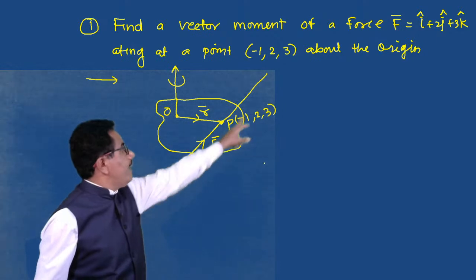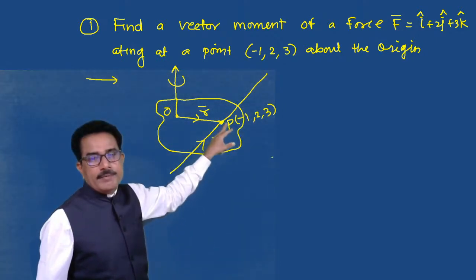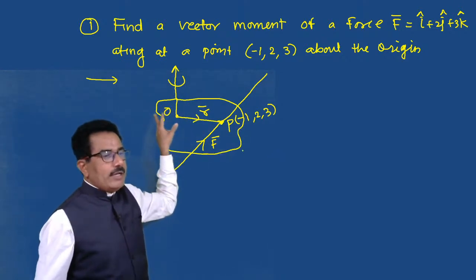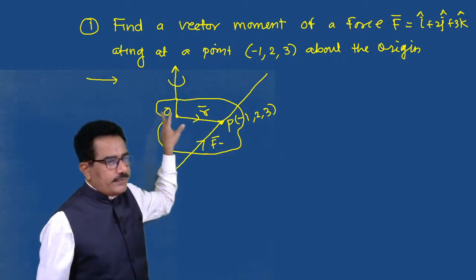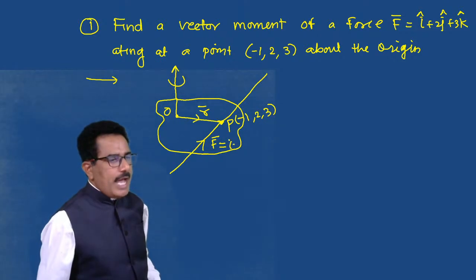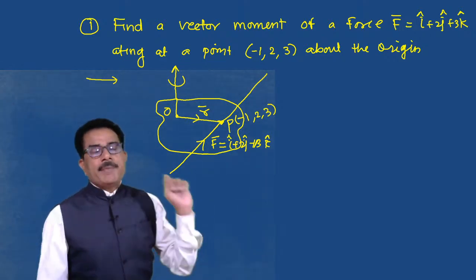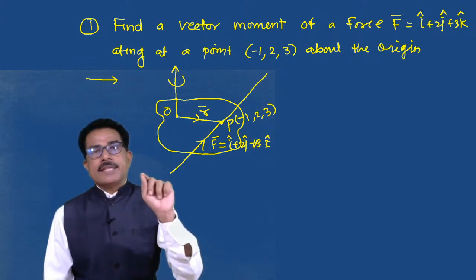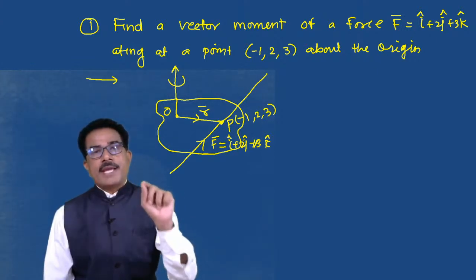A force F bar is acting at a point P, having coordinates (-1, 2, 3), and the value of the force is given. What is that force? i plus 2j plus 3k. Note that i, j, k are the unit vectors along the x-axis, y-axis, z-axis.